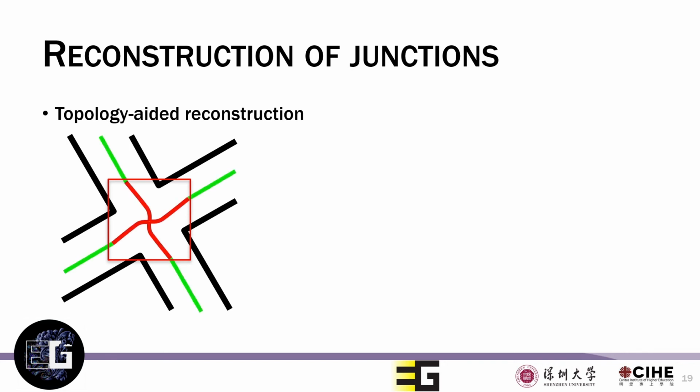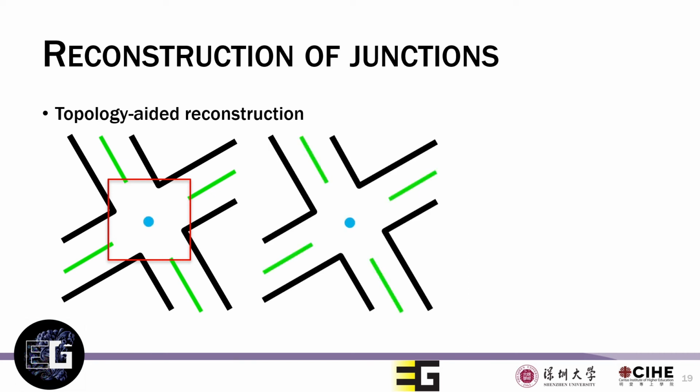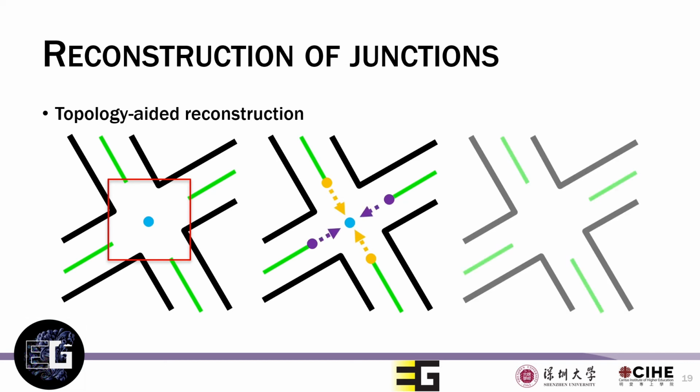In this case, we can only use the aid of the topology for construction. Also, we find the closest tangent consistency point to the junction as the cutoff point. If the tangent directions of two cutoff points are collinear, we instantly connect the cutoff points with a straight line to recover the topology and merge the corresponding skeleton segments into one segment.